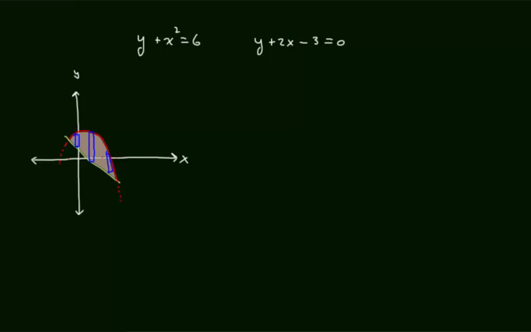It will also be in our interest to write each one of these equations as a function: y equals 6 minus x squared, which is clearly a parabola, and we'll write this as y equals 3 minus 2x, clearly the line. So I'll circle this one with the green color, and I'll circle the other with the red color.